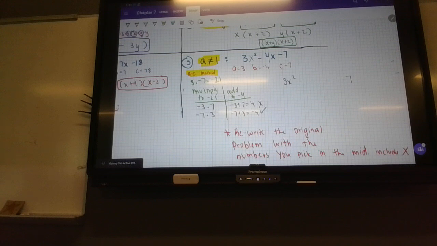So I'm going to do plus 3x minus 7x minus 7. And then I'm going to GCF, greatest common factor. I think the first 2 is 3x. The second 2 is -7. My answer is 3x minus 7 and x plus 1.